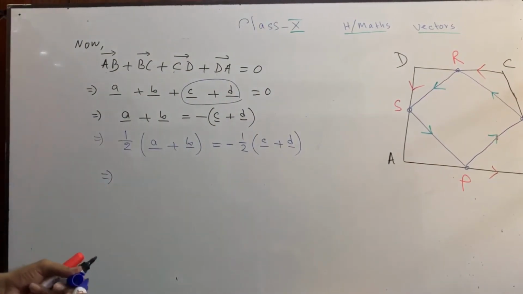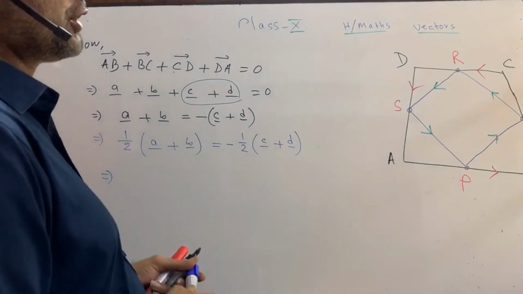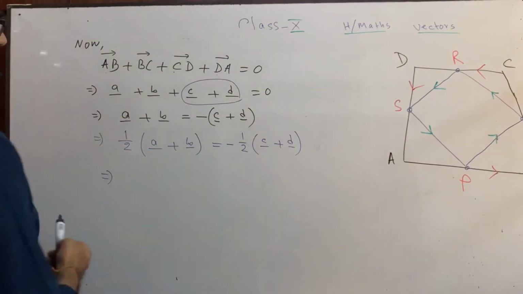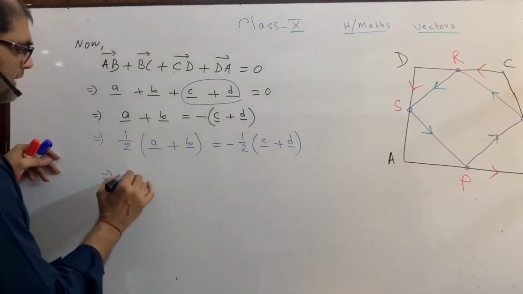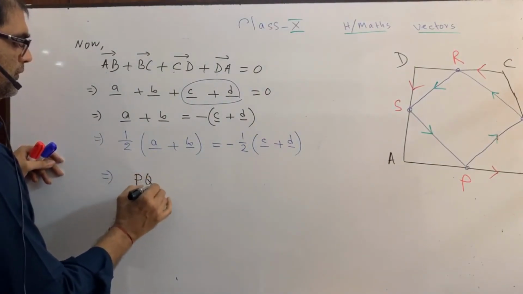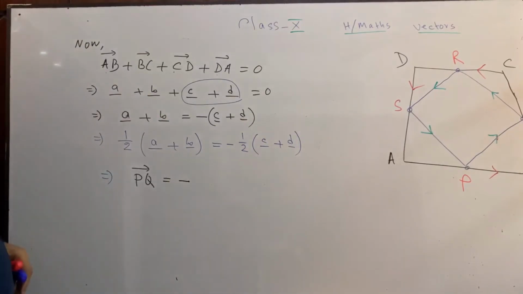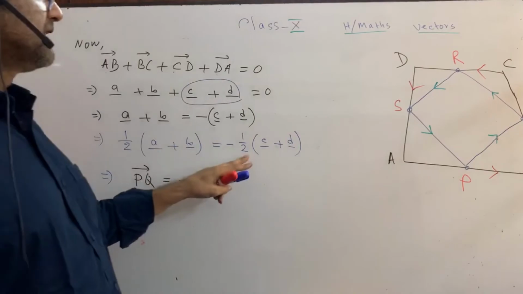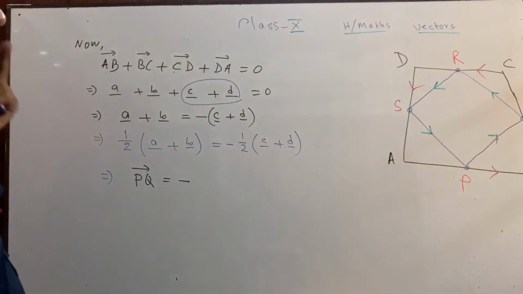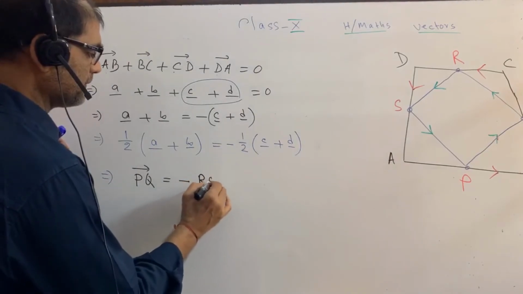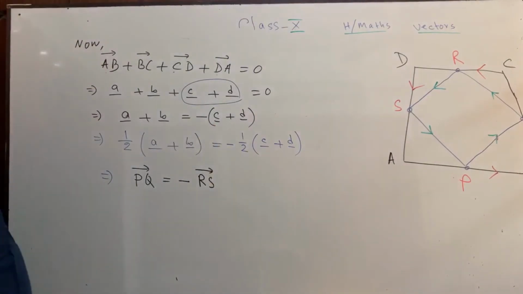Can you go to equation 1? Half of A plus B was written there as PQ. PQ is equal to minus, go to equation 3. What is half of C plus D? Half of C plus D was written there as RS.